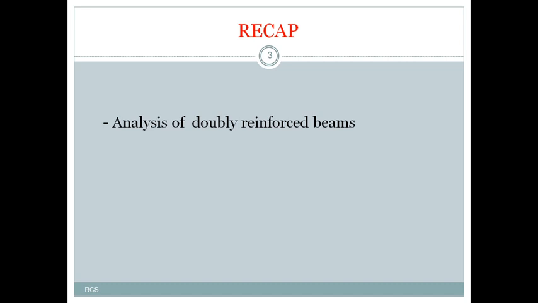First of all, we have to calculate FSC. FSC is the stress in steel in the compression zone. That can be calculated based on the d dash by d ratio, that is, the ratio between the effective cover in compression to the effective depth of the beam, and the given grade of steel.